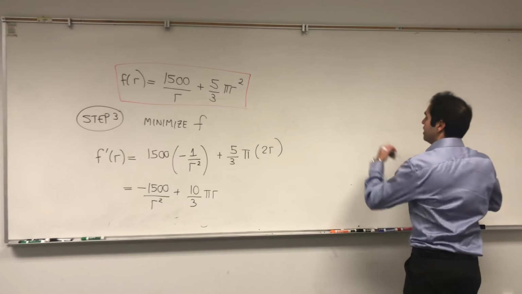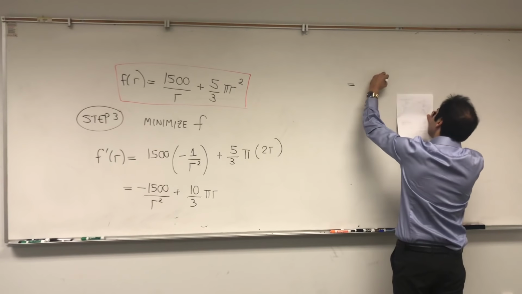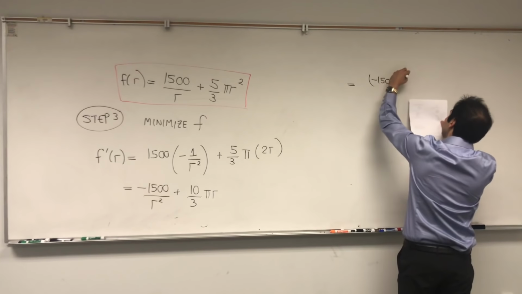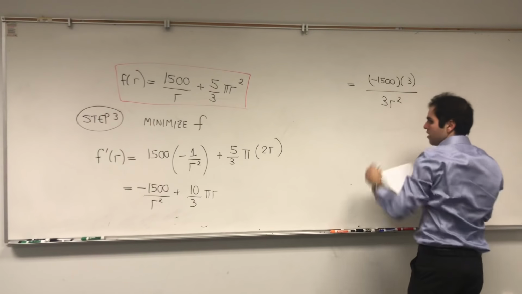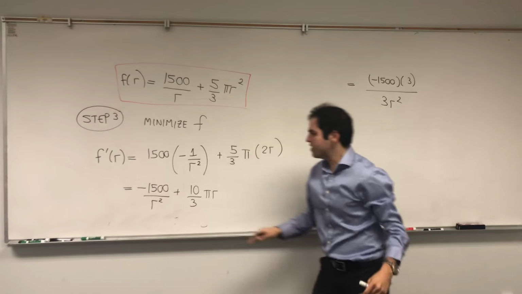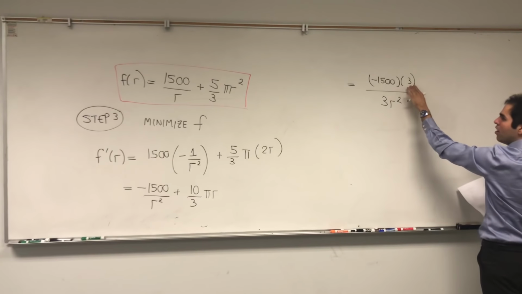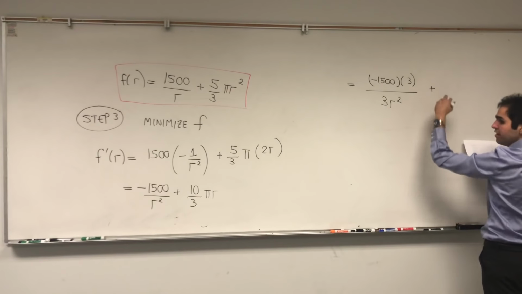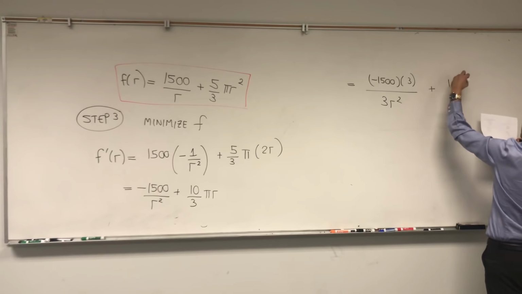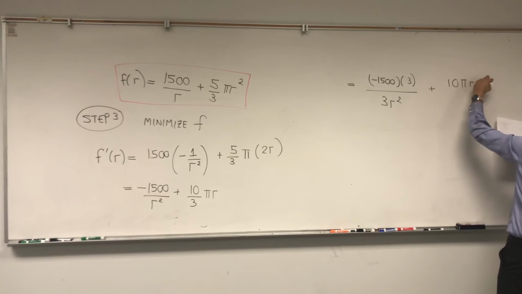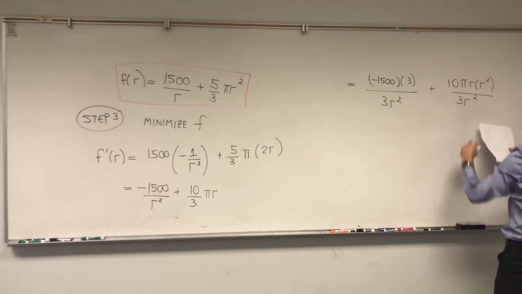So what we get is, again, minus 1500 times 3 over 3r squared, because here we have an r squared, here we have a 3. So to put it in a common denominator, multiply this by 3 and multiply the bottom by r squared. So 10 pi r times r squared over 3r squared.